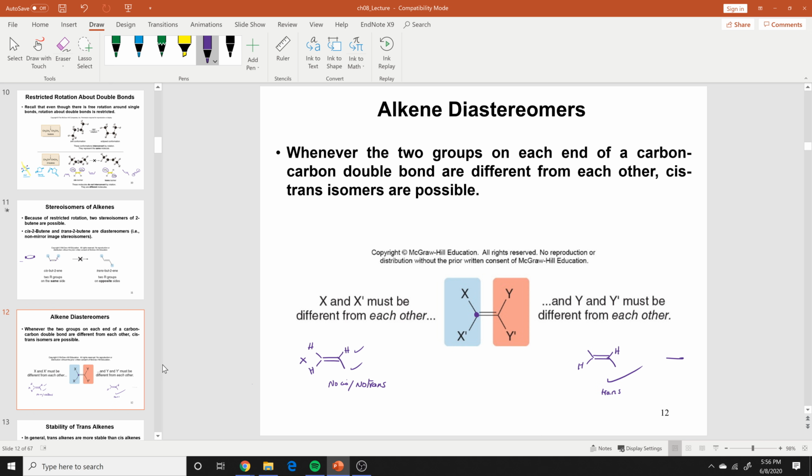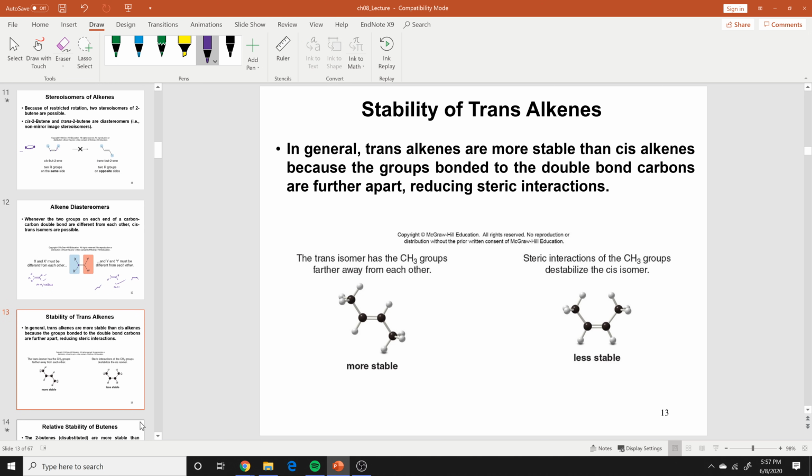The cis isomer, I have to draw showing both groups on the same side, either both pointing down or both pointing up. For the trans, the CH3s, one of them points up and the other points down, or vice versa. So these two are basically isomers of each other.